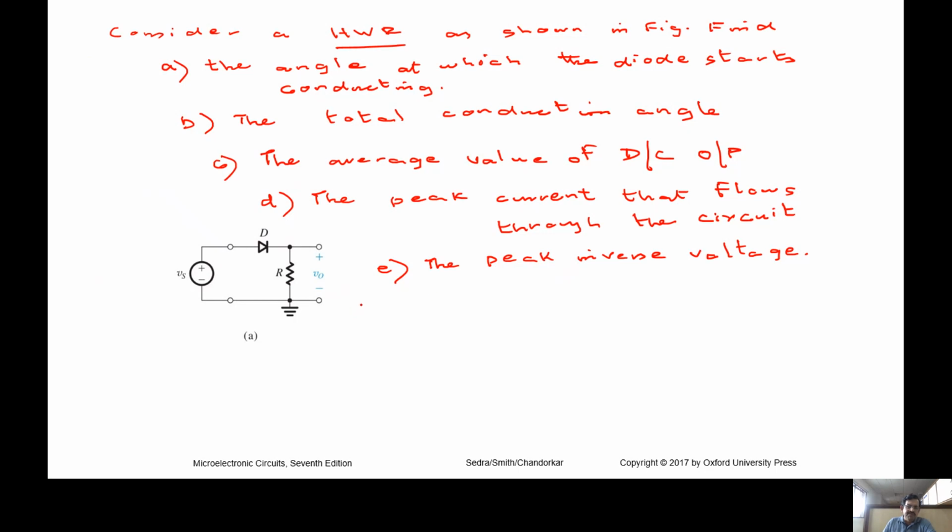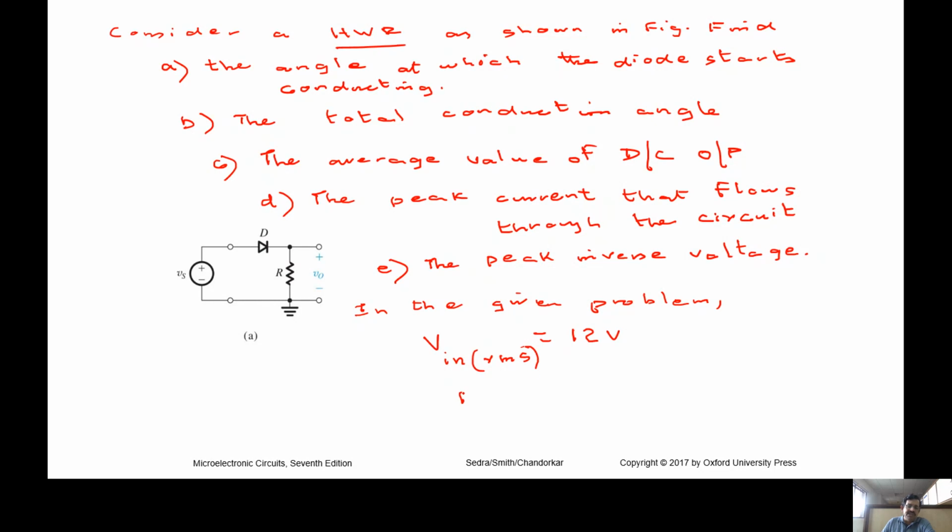So in the given problem, the input supply Vin, RMS value meaning root mean square value, is given as 12 volt.